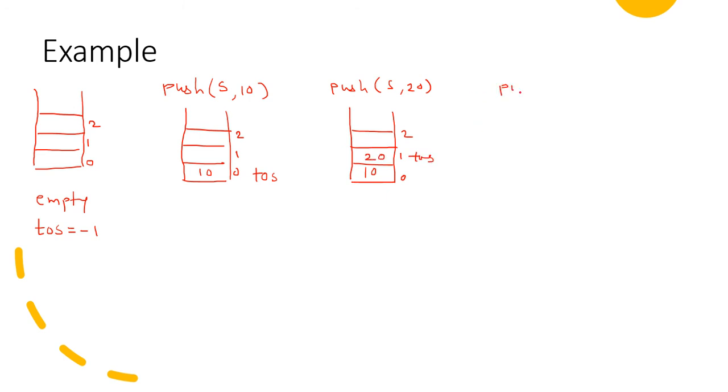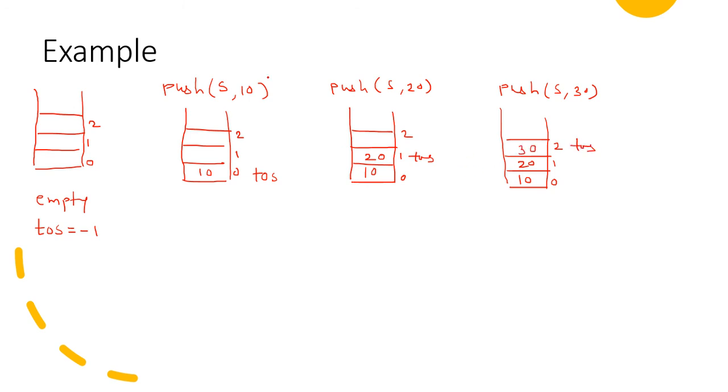Let us take one more example, push s comma 30. We have 10, 20, indices 0, 1 and 2. My top value is 1, now it becomes 2, and my 30 gets inserted here.